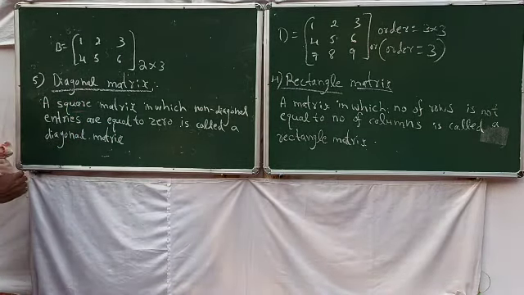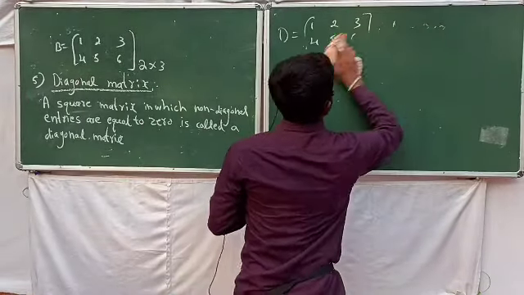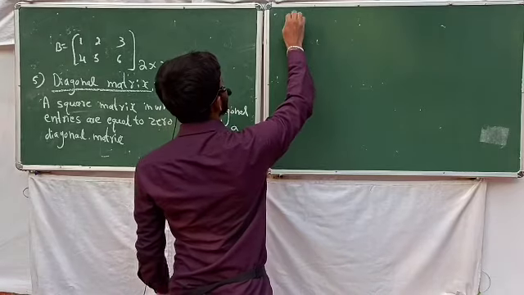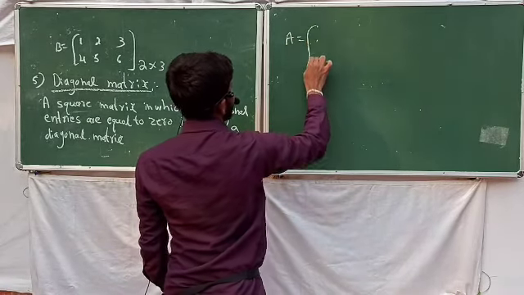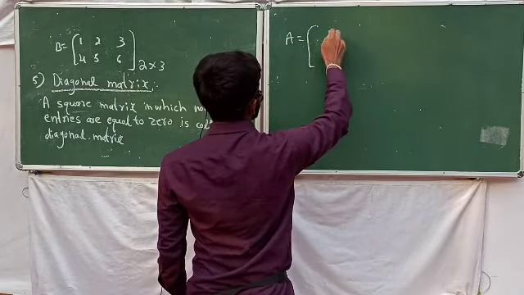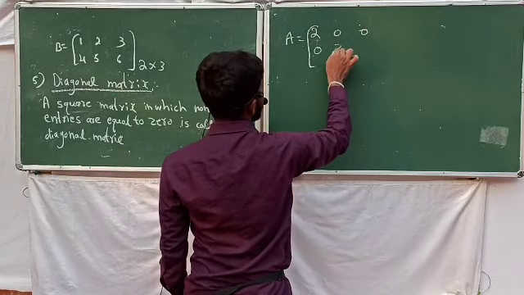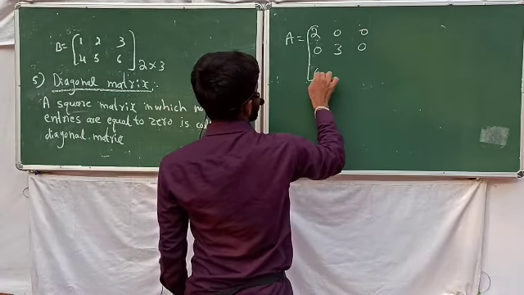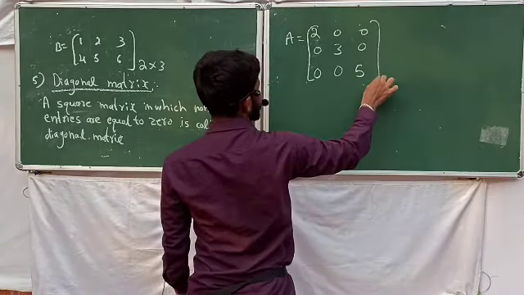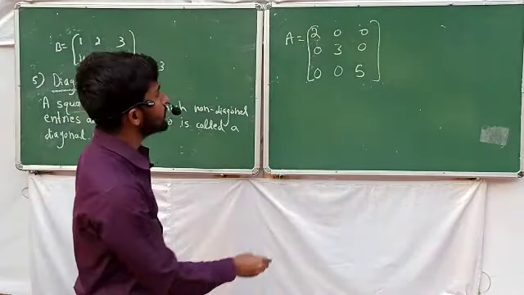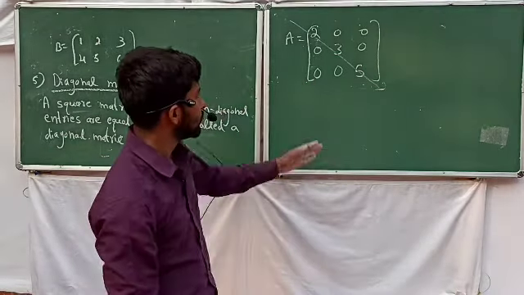Okay. See the example. I am writing matrix A is equal to 2, 0, 0, 0, 3, 0, 0, 0, 5. Take this example. You can see the diagonal of this matrix.